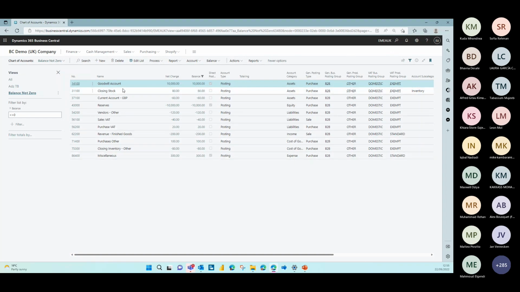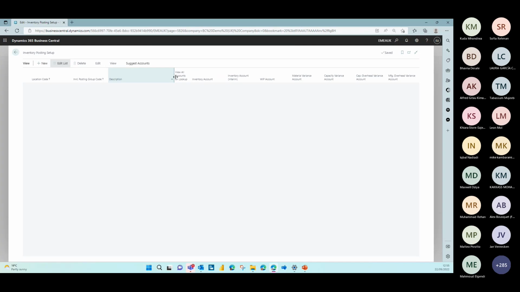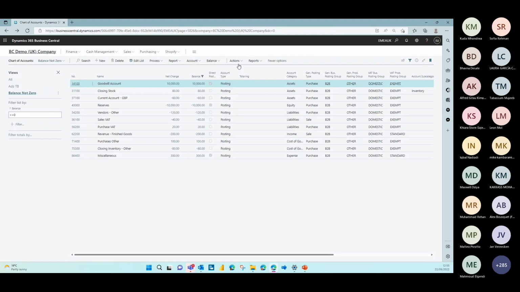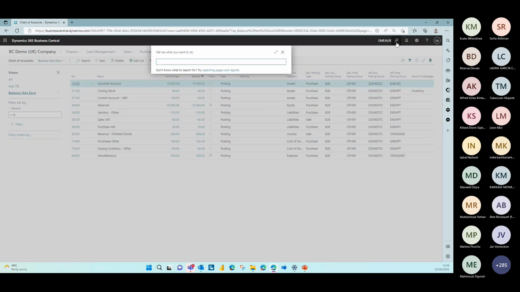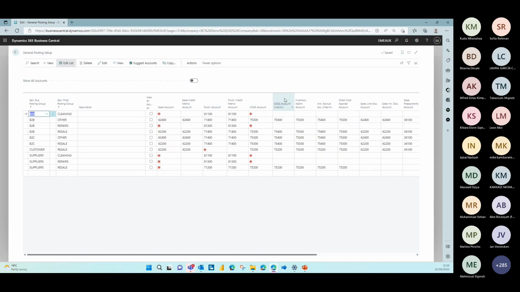So in the balance sheet side, it will look at the inventory posting setup. So stock going in and out will be using this account. But when you debit something, you're going to credit somewhere else, and vice versa. So the other side of it, it's looking at the general posting setup, at these columns, the COGS and the direct costs.